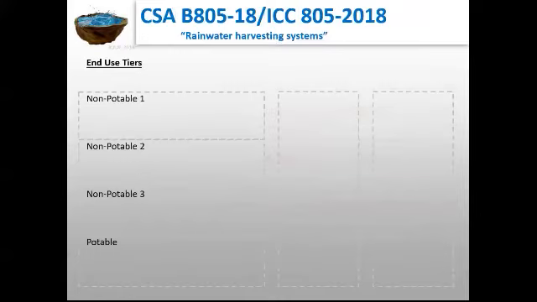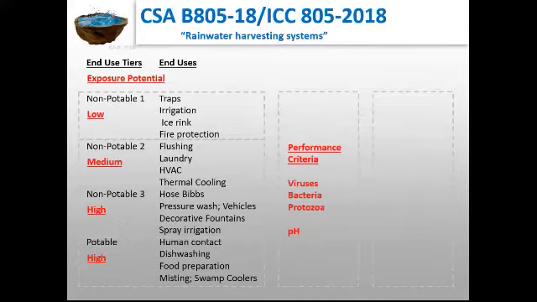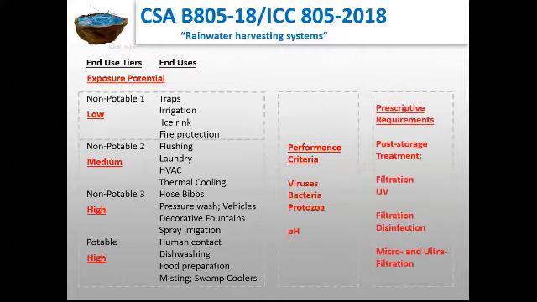Second thing it does is it gives an idea of the exposure potential for those different end-use tiers, and then establishes performance criteria for the viruses, bacteria, protozoa, the pH level, and so on, which I'm not giving all the answers to here because it's just too complicated or too involved. But that information is there.